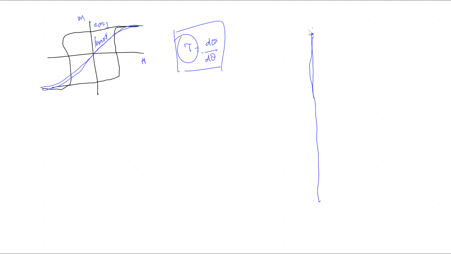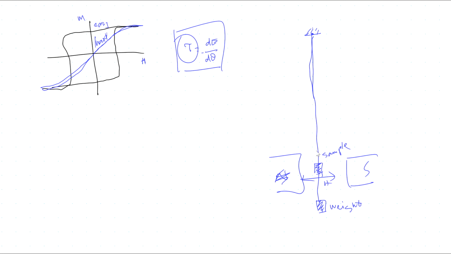So you fix the string here and you suspend your sample. This is the sample. And you place it in the magnet. So there is a magnetic field that can be north-south, it can be magnetic field in both directions. Then you put a weight here. So the string would be stretched.